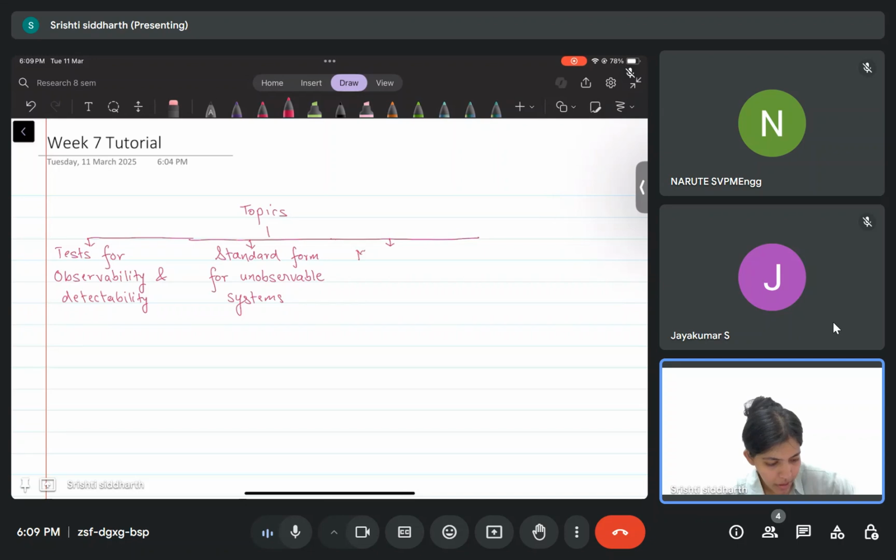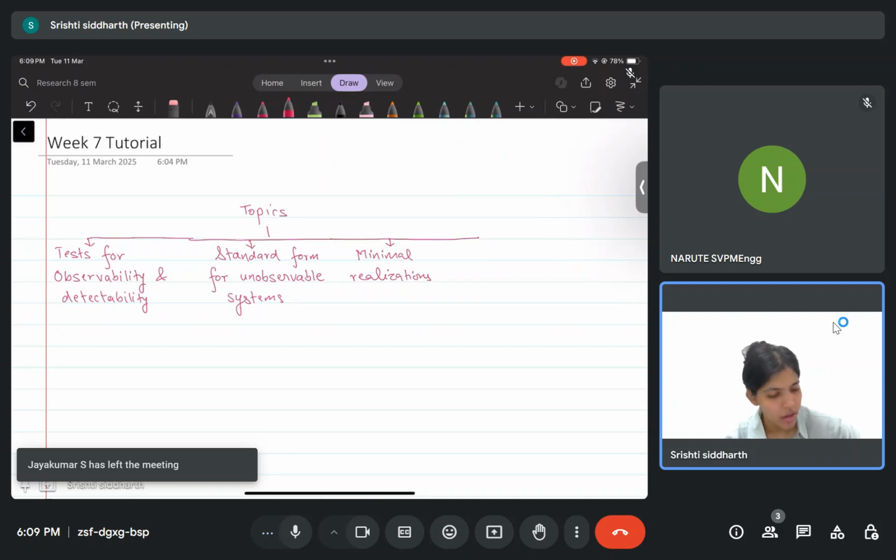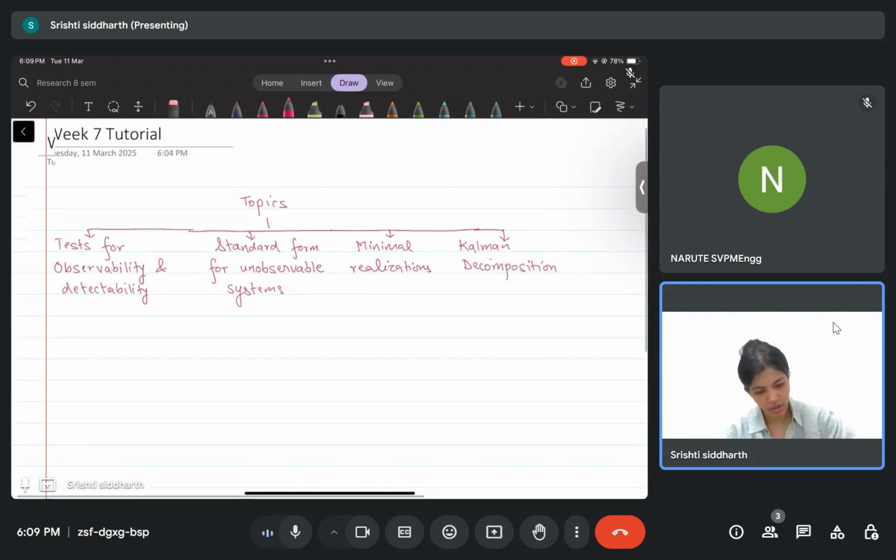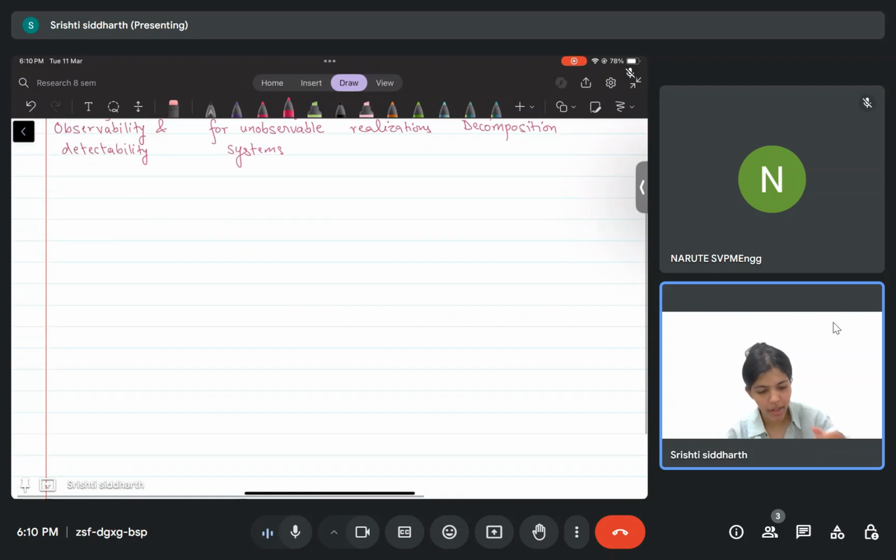Also talk about minimal realizations. Talk about Kalman decomposition. So let's begin with a few questions on observability and detectability.